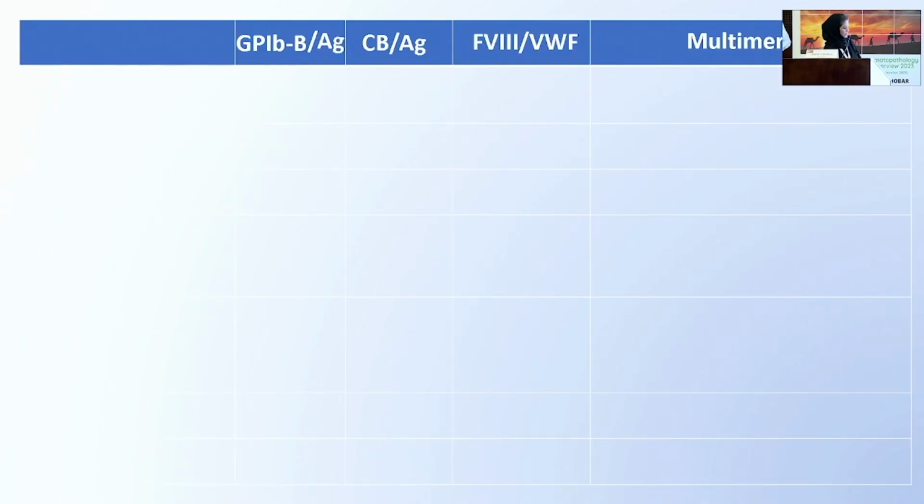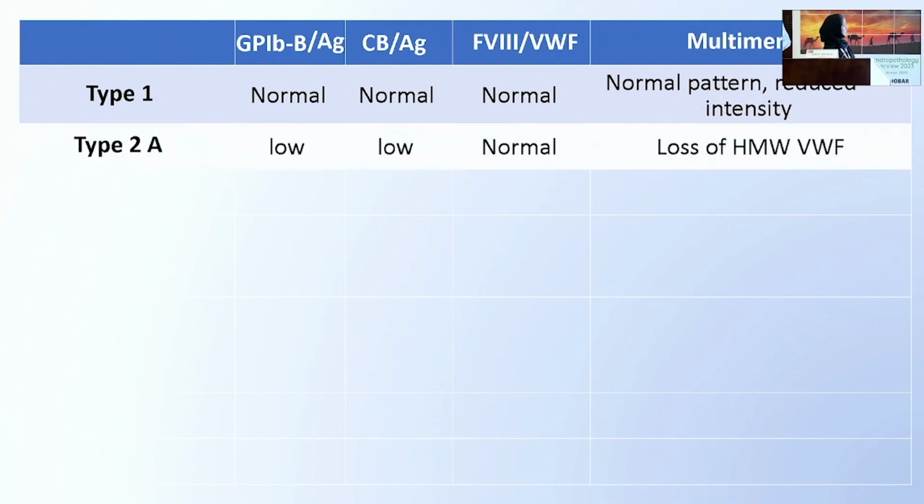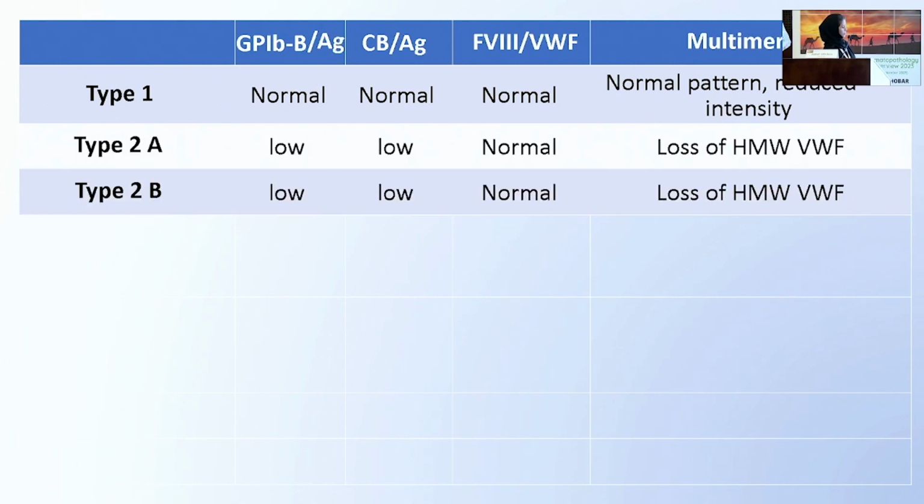To summarize what we just discussed, type 1 disease shows a normal activity to antigen ratio with normal pattern but reduced intensity of the multimers. Type 2A and 2B show low activity, glycoprotein 1b, and collagen binding to antigen ratio with loss of high molecular weight multimers.